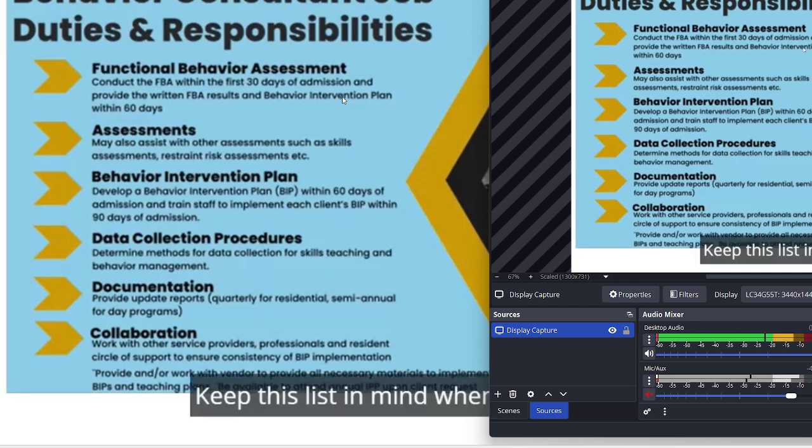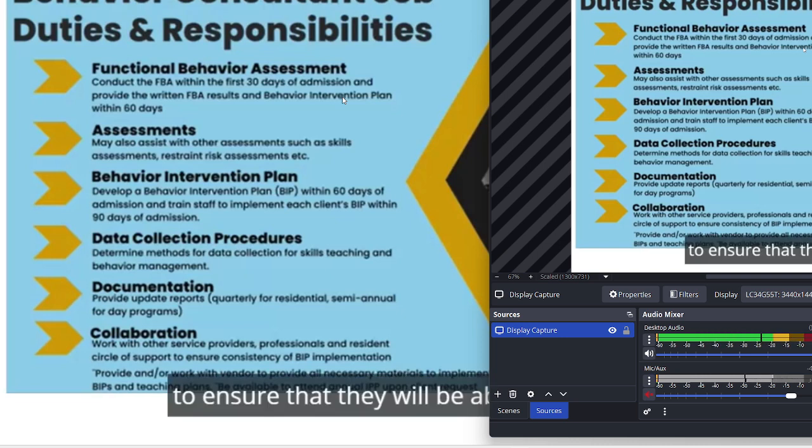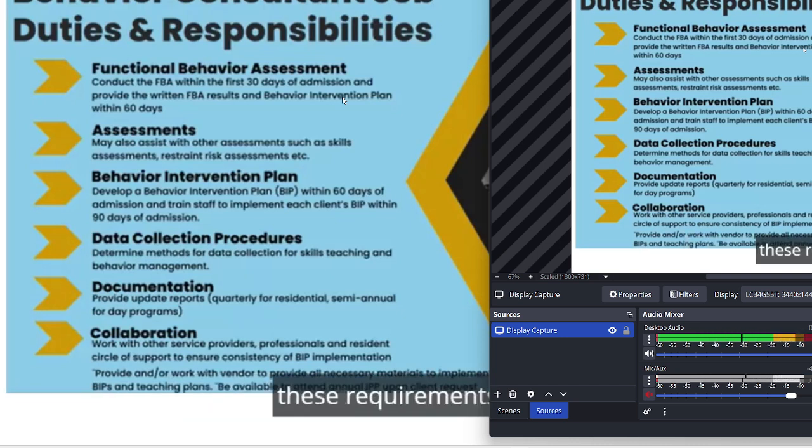Keep this list in mind when you are contracting with your third-party consultant to ensure that they will be able to fulfill these requirements.